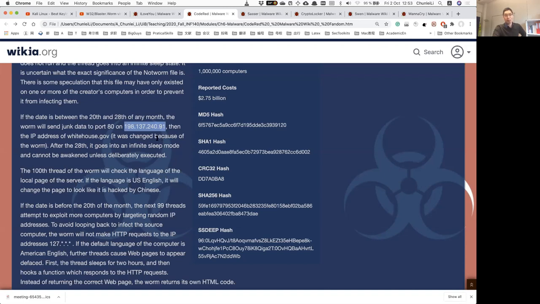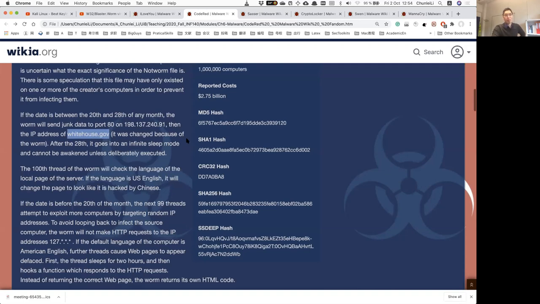Basically, it's the ID of a computer in the network. This IP address, in fact, is the US government server, whitehouse.gov.